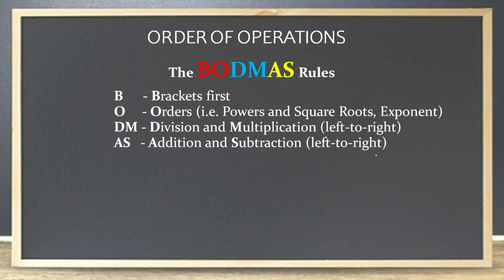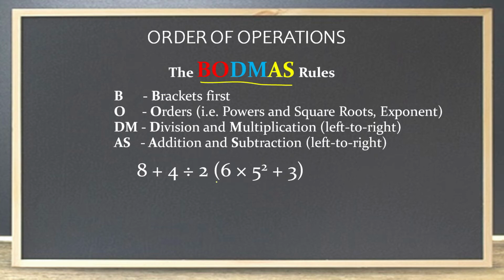What we usually want to do is remember this BODMAS. With this rule in mind, we are going to solve our previous example problem using the BODMAS rule. What we're going to do here is we say bracket or parentheses.